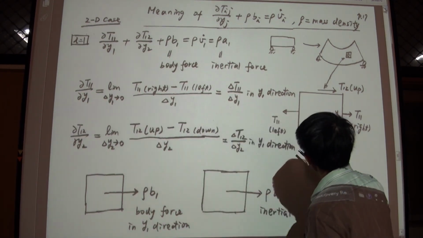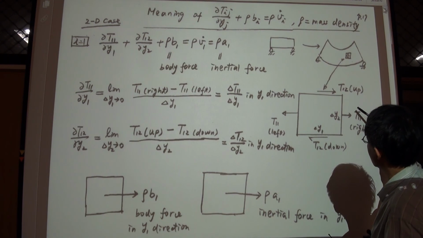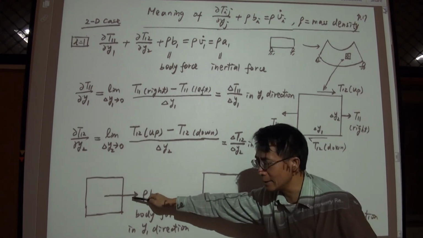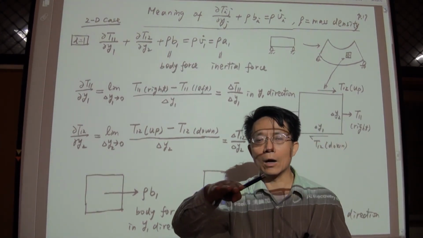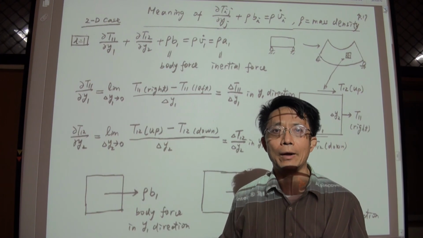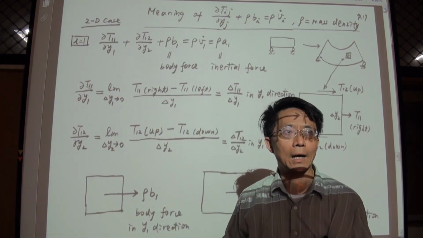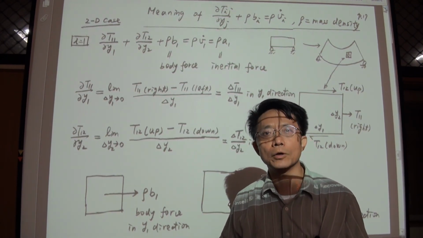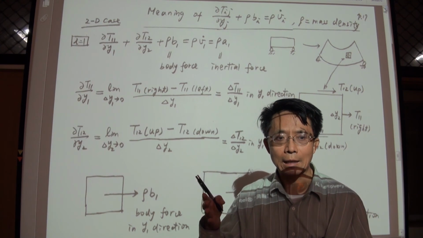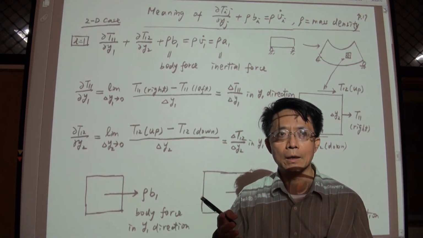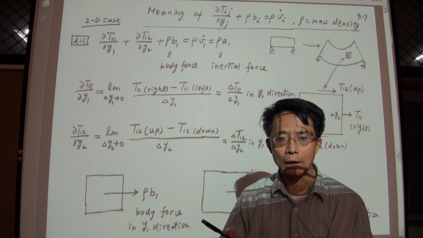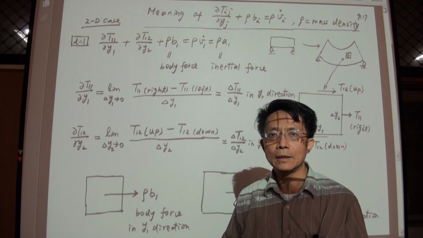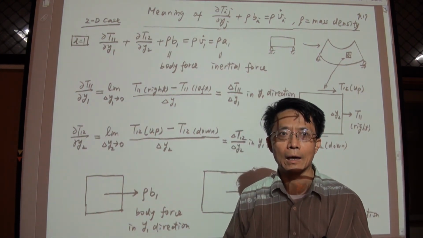See, all these tractions are in the horizontal direction, the y1 direction. So we should put them together to get the zero resultant force, right? Traction times the area becomes the force, and the forces can be summed to get the resultant force, and then we have the equilibrium state.